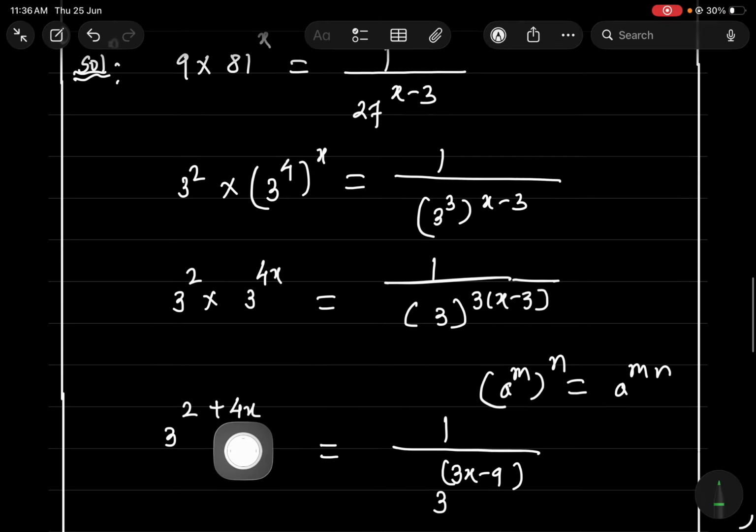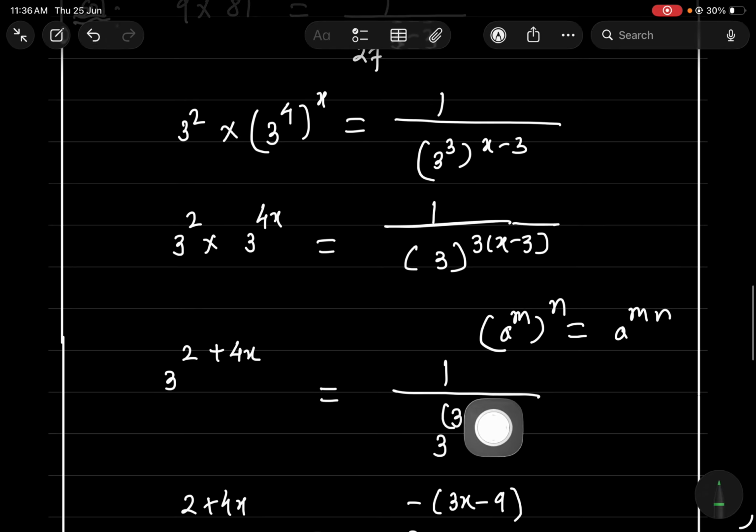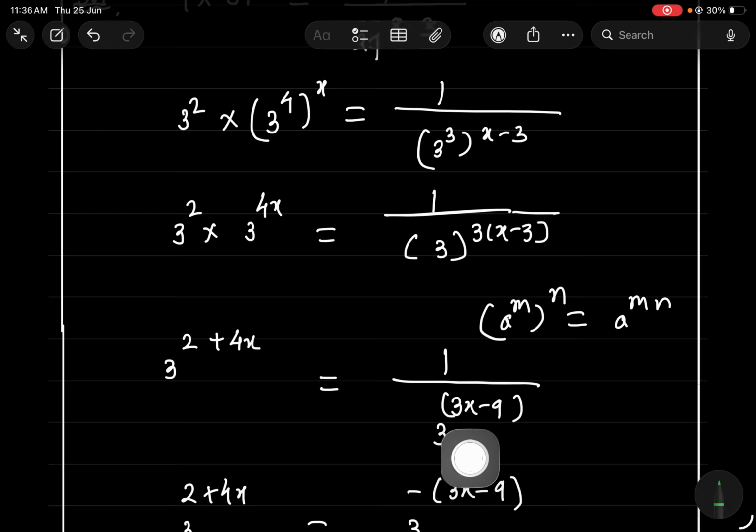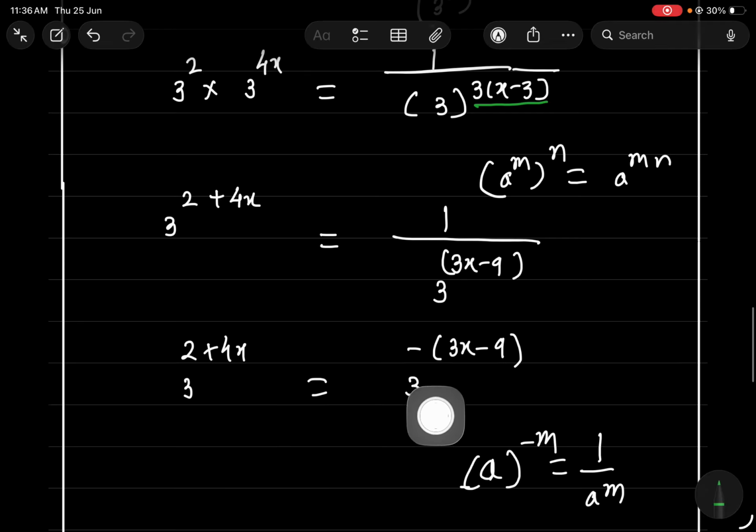So now the base is the same, so we are adding the index, equal to 1 upon 3 raised to, we have to multiply the whole bracket by 3: 3 into x, that means 3x, 3 into minus 3, minus 9. Now this one as it is. Now this 1 upon 3, we will write its reciprocal as 3, so the index becomes minus, and we have to make the bracket. So 3 raised to minus, inside the bracket 3x minus 9.